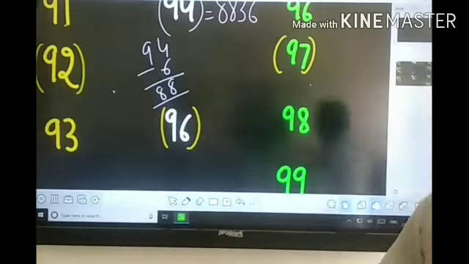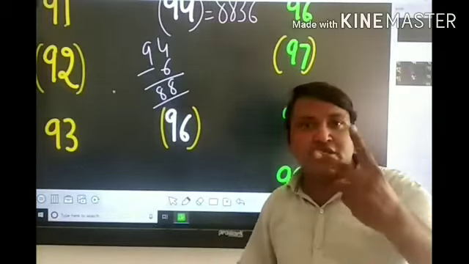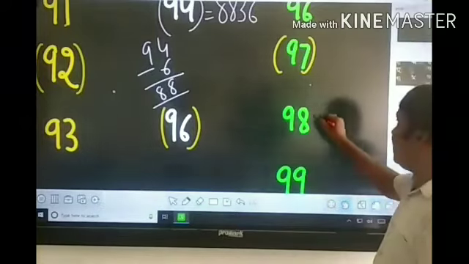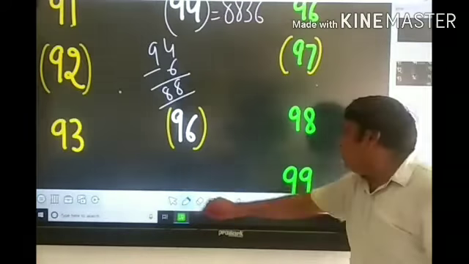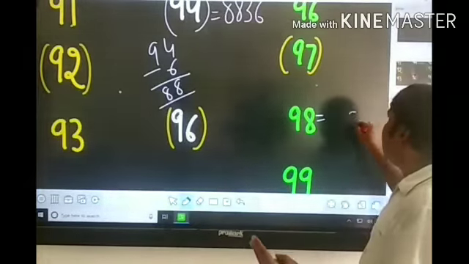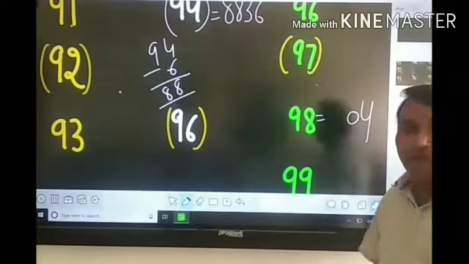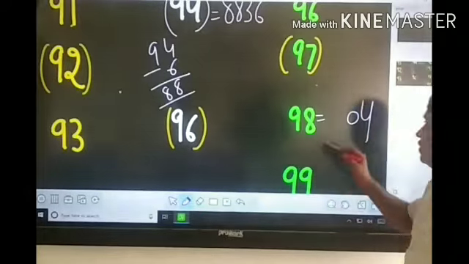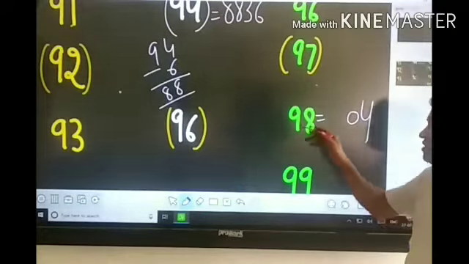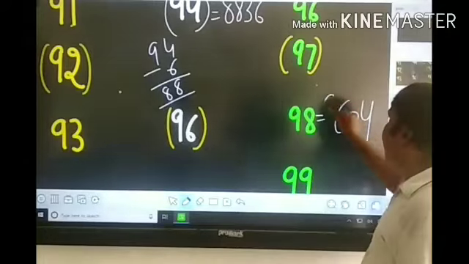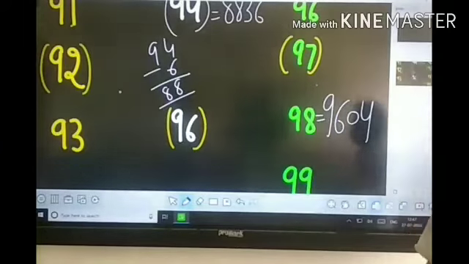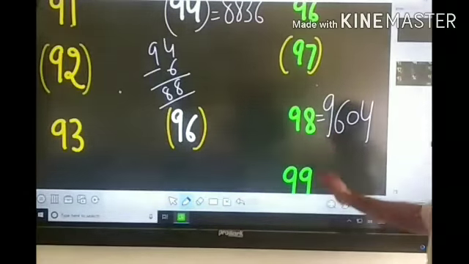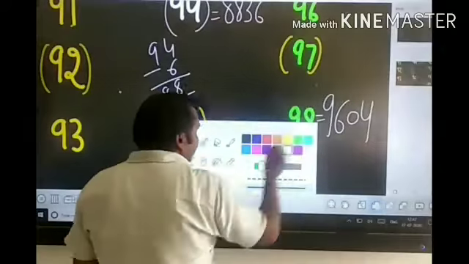Now we will apply this same rule for 98. 98 is 2 less than 100. So I will have to multiply 2 with 2, that is 04. And I will subtract 2 from 98. So after subtraction what did I get? 96. So the answer is 9604.